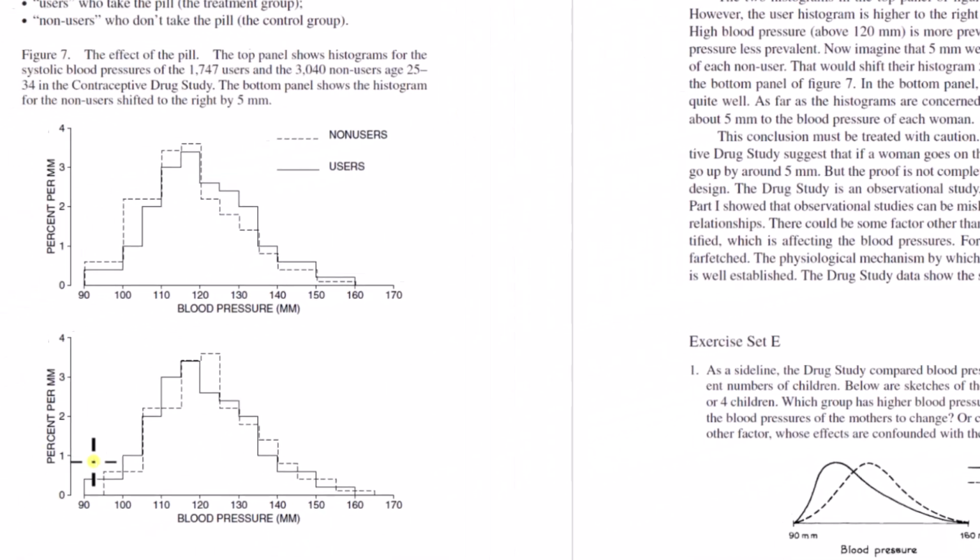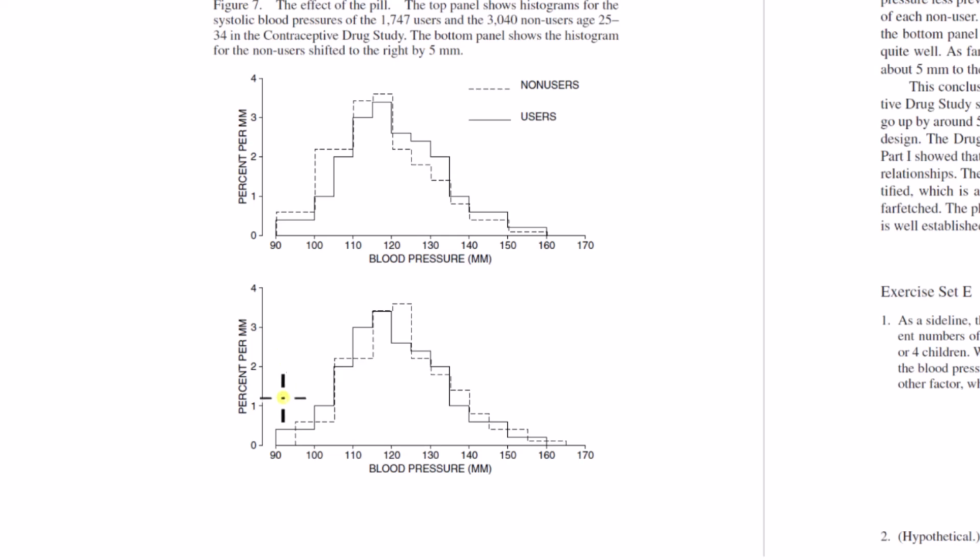Okay, so what they did was they took all of the non-user data, and for each non-user, they added 5 millimeters to their blood pressure. And what that did was shift the histogram for non-users to the right by 5 millimeters.